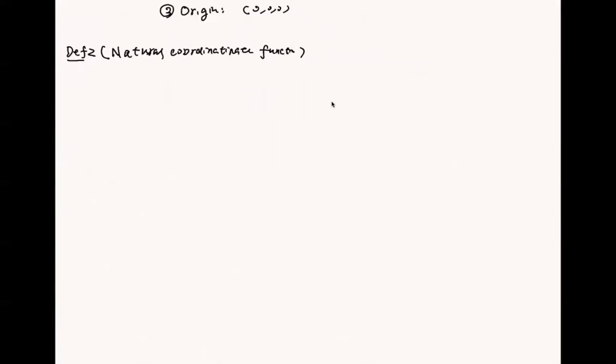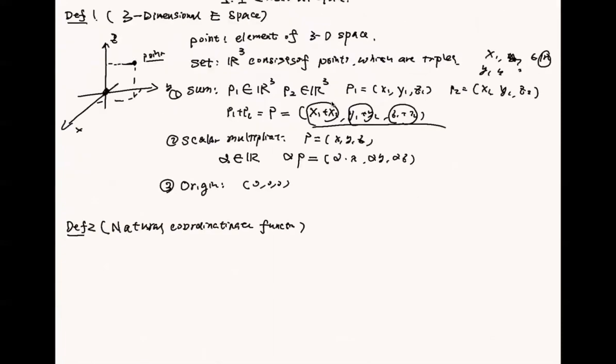As you can see, we can have a point like this or anywhere in the 3-dimensional space. And we can have different representations of this point based on what you want. You can represent it in x, y, z coordinates.